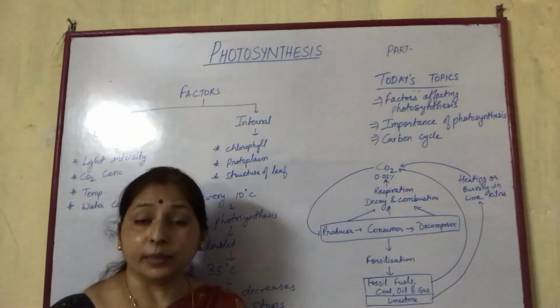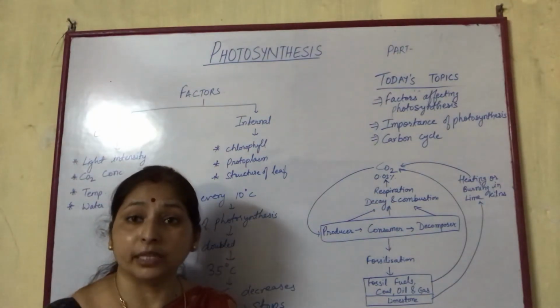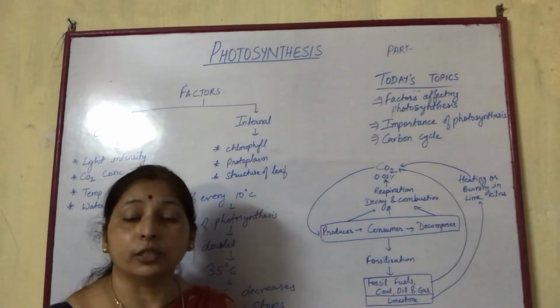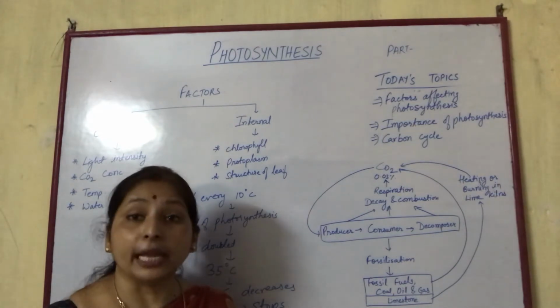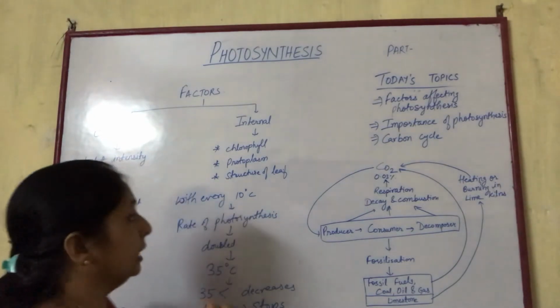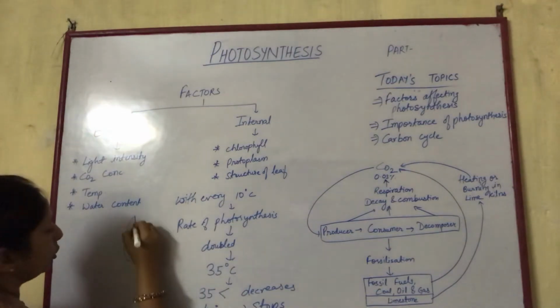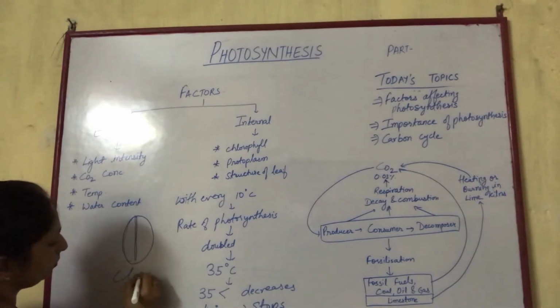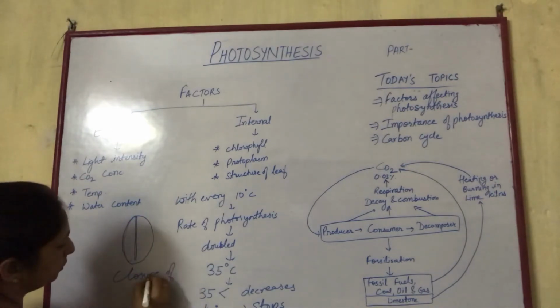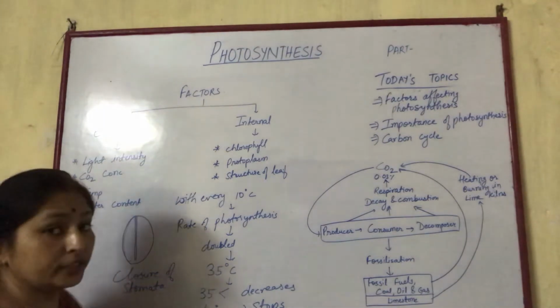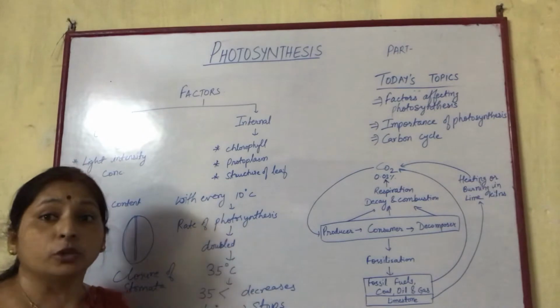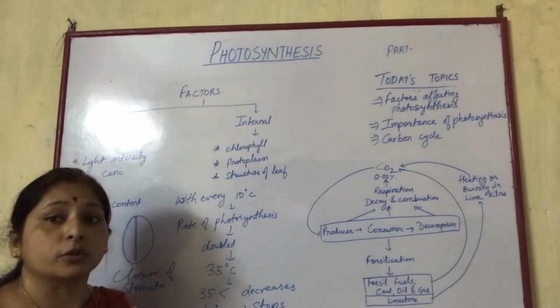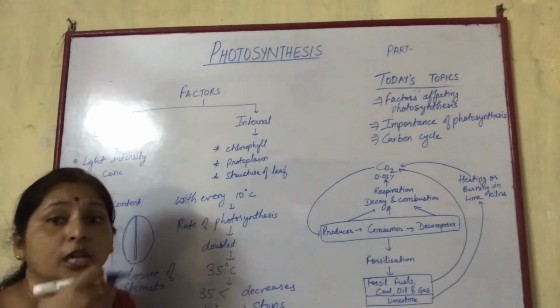If, due to scarcity of water, water is not available to the plants, it results in closure of the stomata. Closure of the stomata means less diffusion of CO2. If CO2 is less, then the photosynthesis process automatically slows down.